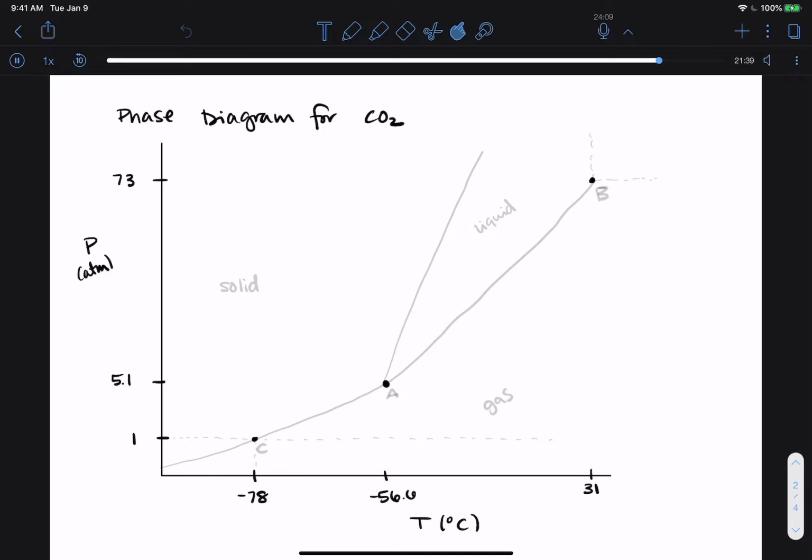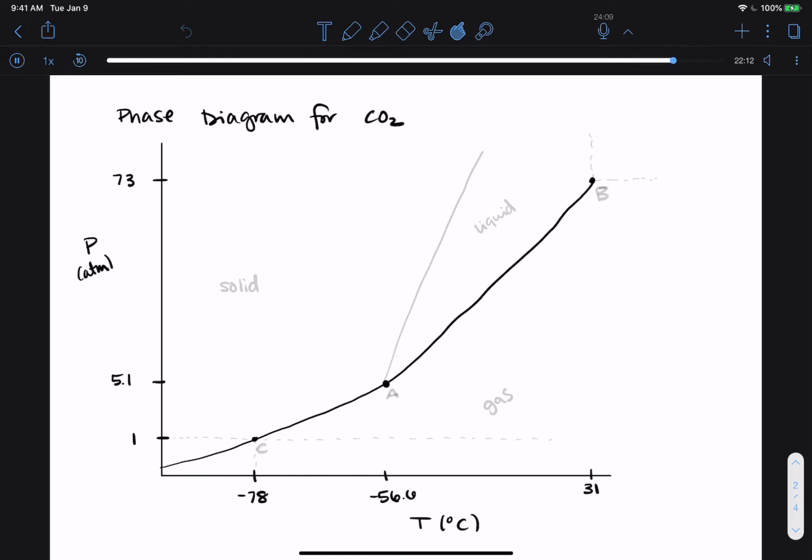So in the CO2 diagram, the pressure ranges that we're looking at go up to 73 atmospheres. And then in terms of temperature, we're going from below minus 78 and then up to 31. So the lines on here go through and continue up.